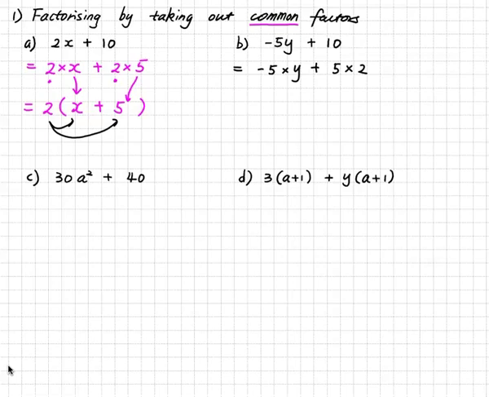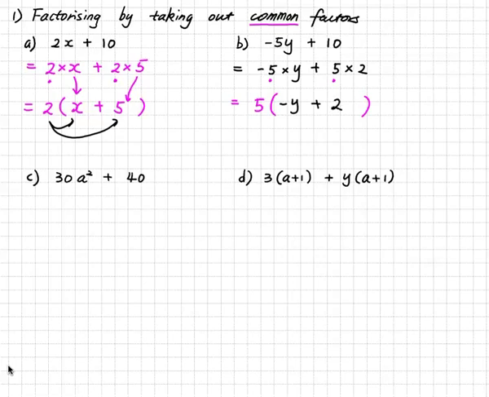The reason I choose 5 is because the first term already has a factor of 5, so I want to make sure that I have a common factor. So the common factor is 5 and 5. You can take the common factor out, which is 5, put the brackets on, and whatever's remaining is going to go into the bracket. So you have negative y plus 2.